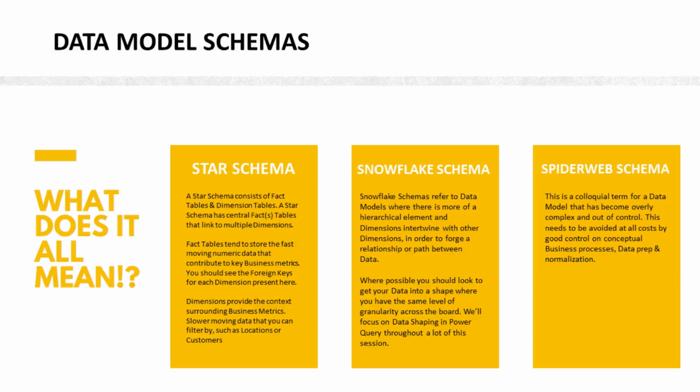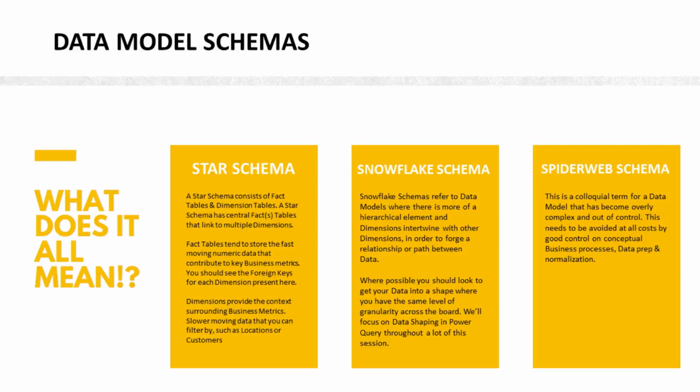So they refer to data models where there's more of a hierarchical element. So maybe where you have star schemas that have started to branch off. Maybe you can't get your data down to the correct grain or normalize it to the correct level of the star schema. So then you almost have to move through different dimensions to get to the data you want.